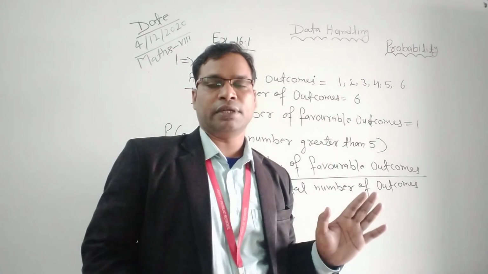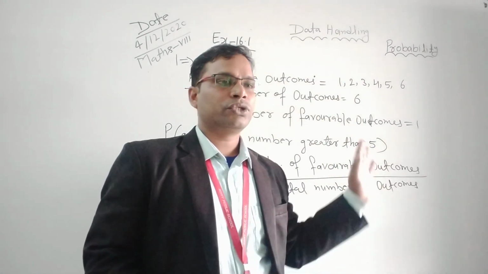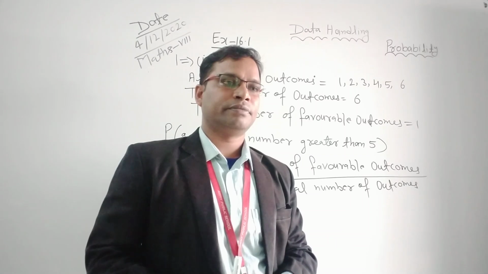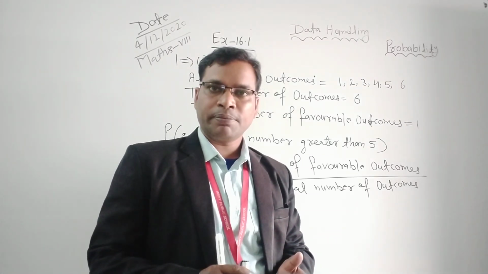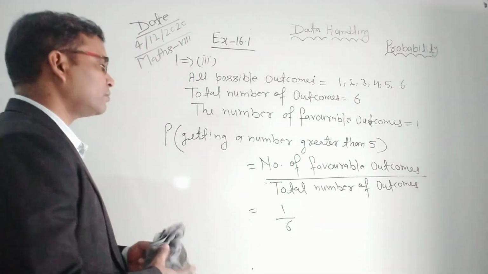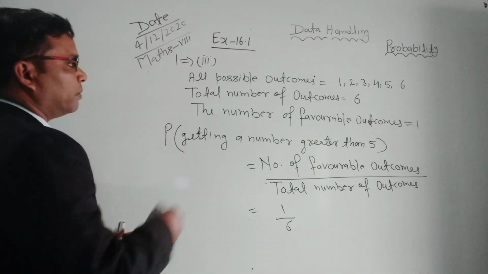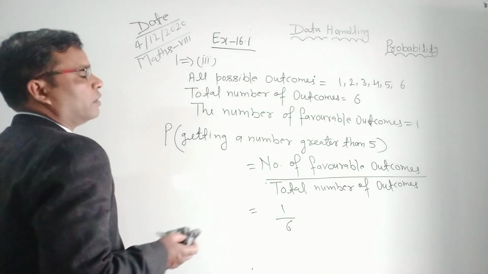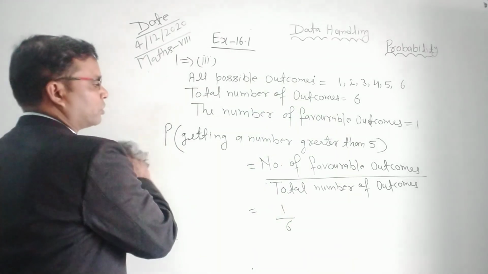Also you can include 5, because 5 is equal to 5, not greater than 5. So let's see how to find it. Now we are going to discuss the fourth part of question number 1.